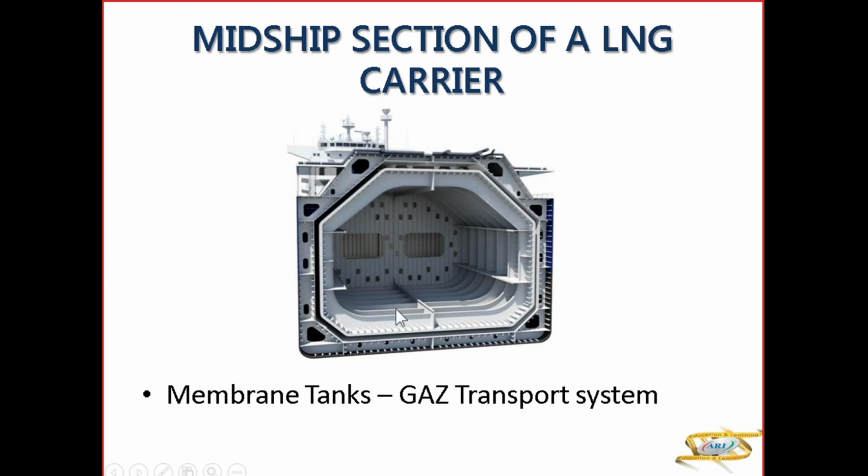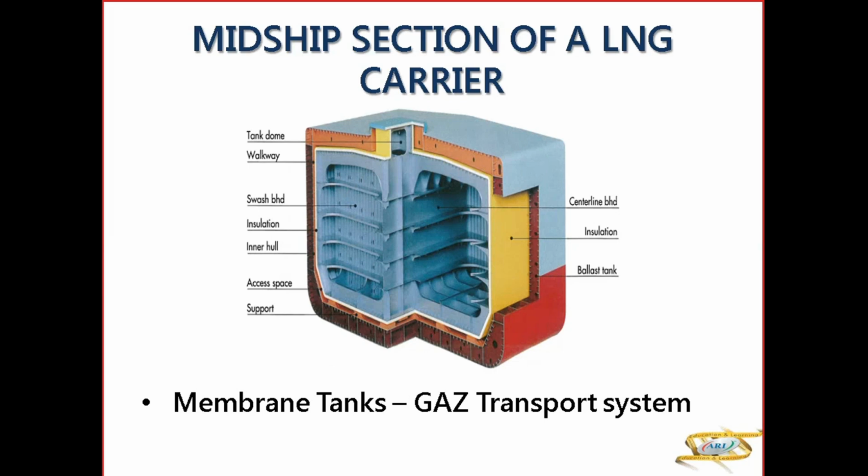Here you have water ballast. Then you have INVAR, followed by insulation, then inter-barrier space, and then the secondary barrier, and then the insulation. So these are your membrane tanks.